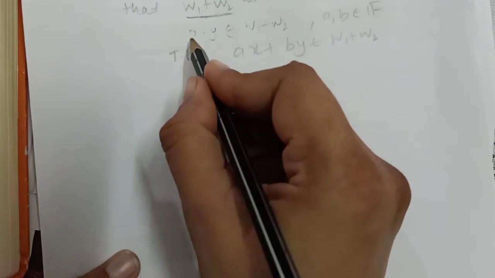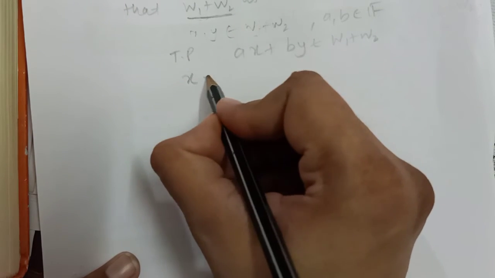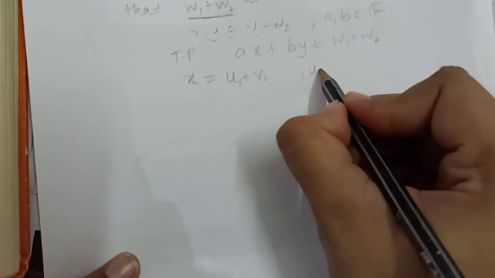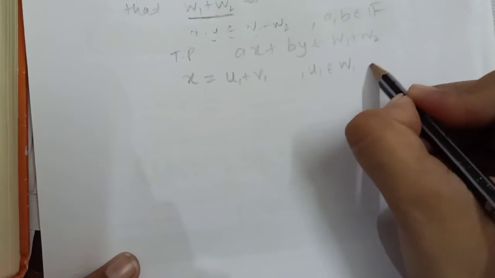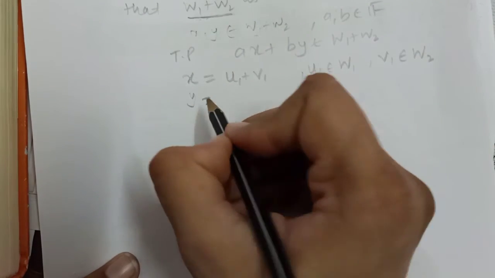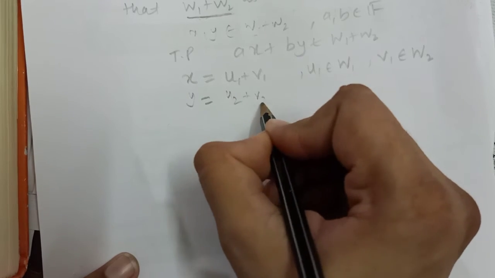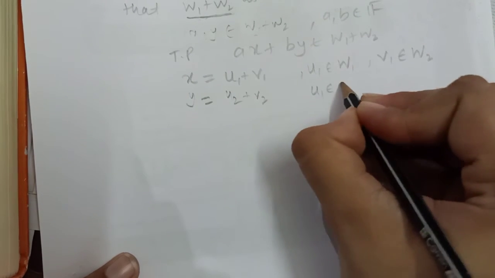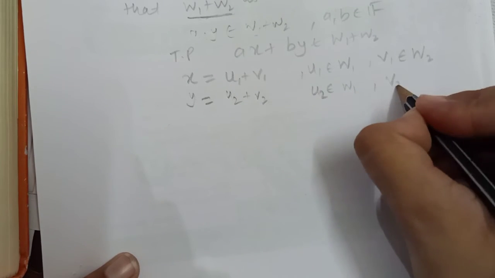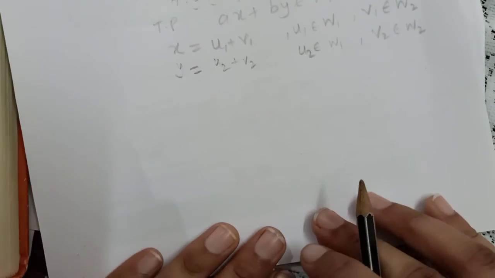So how would x and y look as per the definition of W1 plus W2? x will look something like u1 plus v1, where u1 is from W1 and v1 is from W2. Similarly, y would look something like u2 plus v2, where u2 is from W1 and v2 is from W2. This is the definition of W1 plus W2.